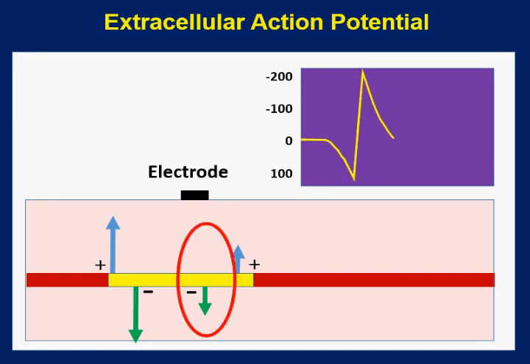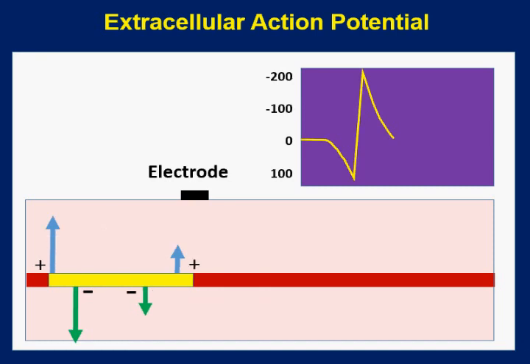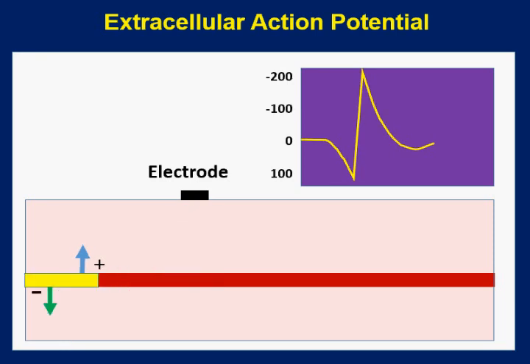However, it is still negative due to the approaching trailing dipole. When the trailing dipole passes under the electrode, we see the terminal positive phase of the potential. As the tripole moves away to the tendon, the potential returns to the baseline.